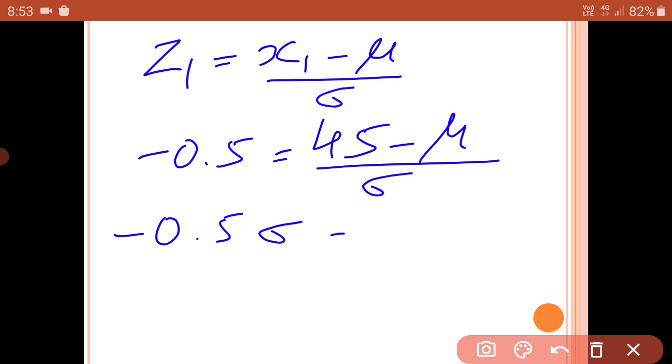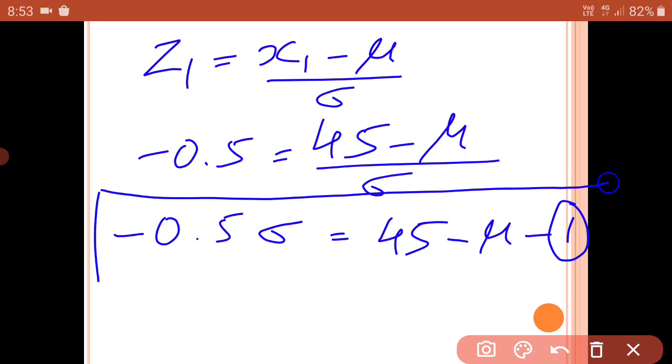So the equation is minus 0.5 sigma is equal to 45 minus mu. It is our first equation. Minus 0.5 sigma is equal to 45 minus mu.